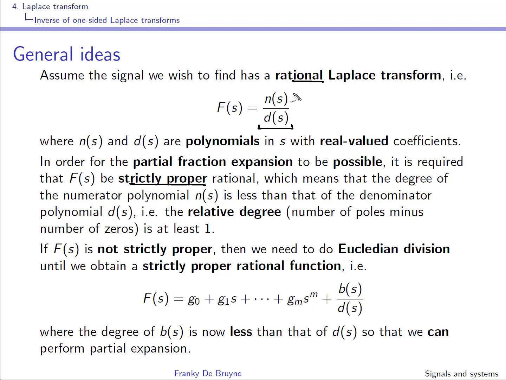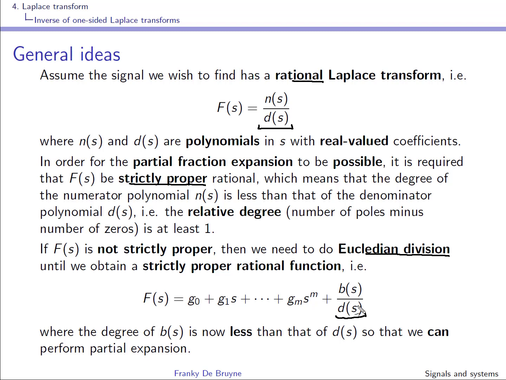If this is not the case, you cannot do the partial fraction expansion because it will lead to incorrect results, and if f of s is not strictly proper, you'll have to do a so-called Euclidean division, so that you decompose f of s in a certain number of terms and into a new rational function where the degree of b is indeed less than the degree of d.